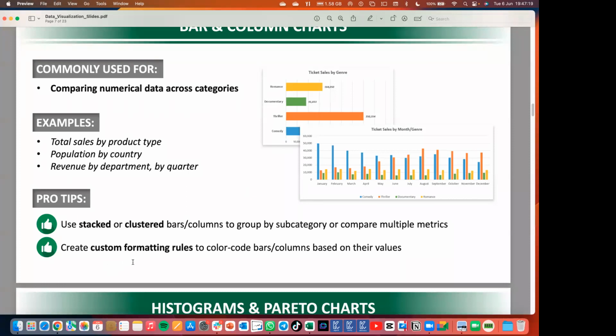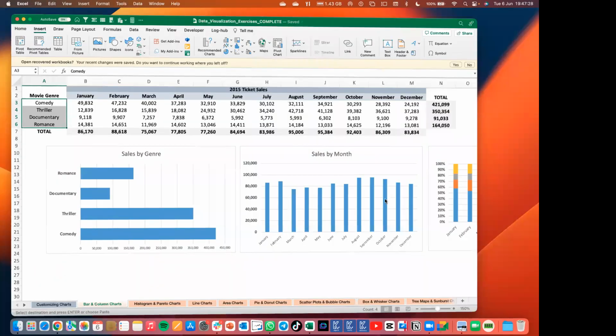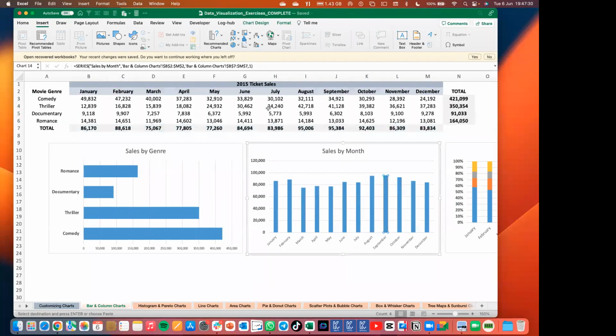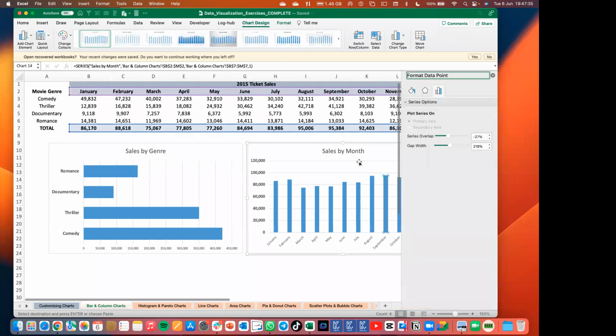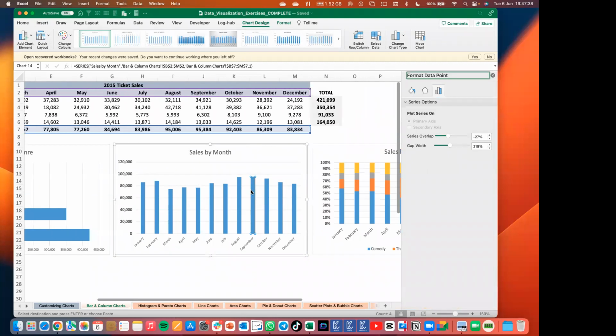Then another pro tip: create custom formatting rules for bars and columns based on their values. So you can always give this one a different color because I want everyone to focus on September when I'm presenting this.